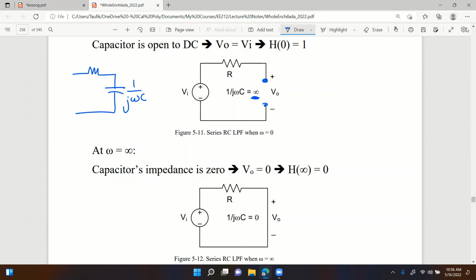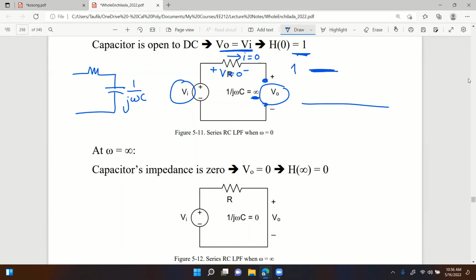If it's open, that means there's no current here, so the entire voltage across R will be 0. By KVL, if the voltage across R is 0, the voltage across the capacitor must be equal to V in. So V out is equal to V in, meaning the gain is equal to 1. Again, at low frequencies, high gain at 1.